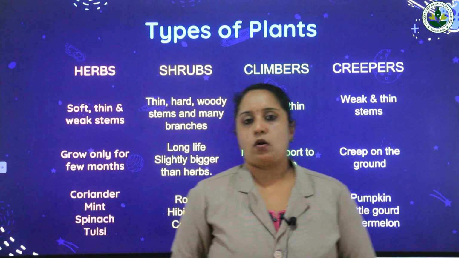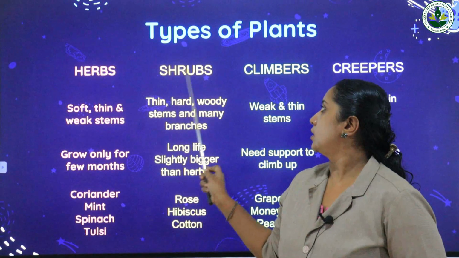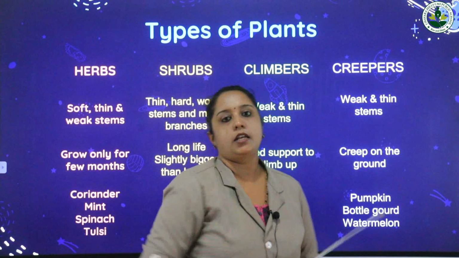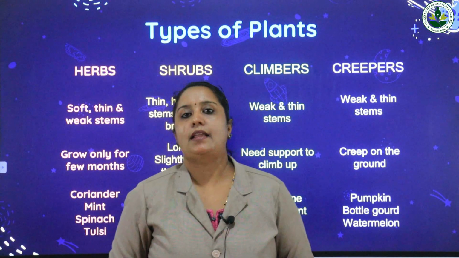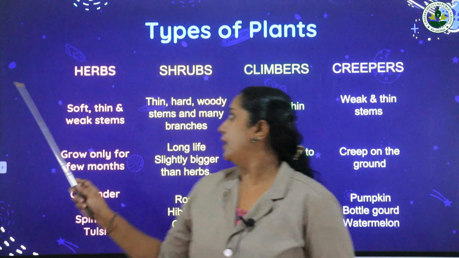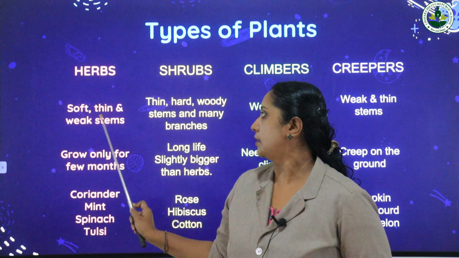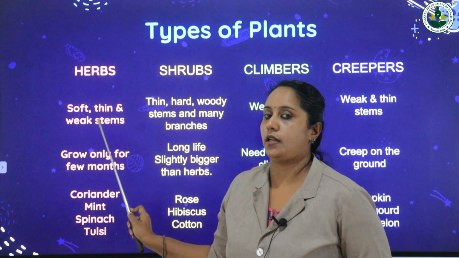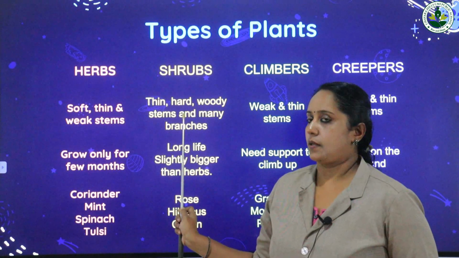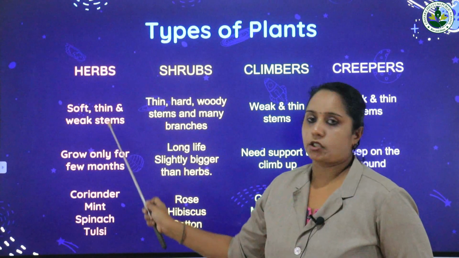So here we saw four different classifications: herbs, shrubs, climbers and creepers. In all these cases they have weak and thin stems. Only in the case of shrubs, the stems are hard, quite hard compared to herbs.